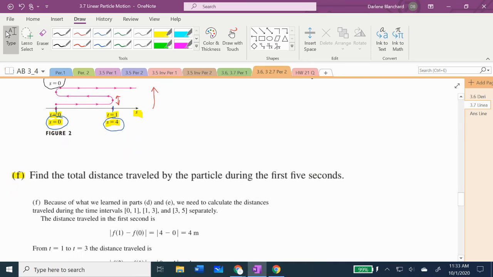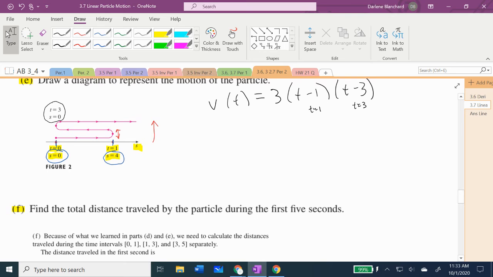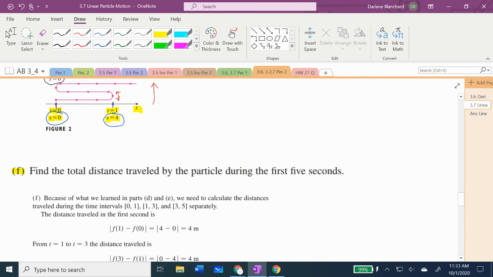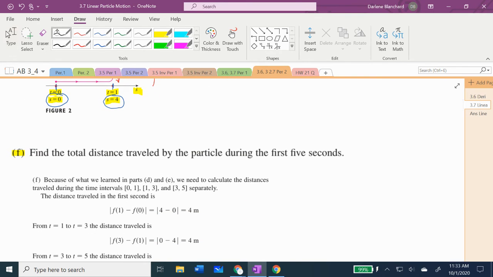All right. Now, total distance traveled during the first 5 seconds. Oh, goody, total distance traveled. That means you need to know when is velocity 0, which we found. Velocity is 0 at time 1 and at time 3, and I'm looking at the first 5 seconds. So if you like, you can say time and then position, which is S of t, but they are using the function f.